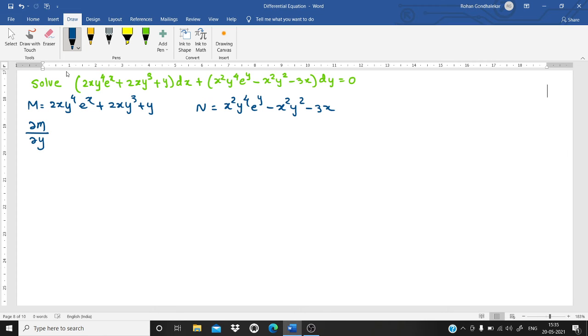What is ∂M/∂y? The ∂M/∂y is: y^4 derivative is 4y^3, so 4 into 2, 8xy^3 e^x, plus here y^3 derivative is 3y^2, so 3 into 2, 6xy^2, plus 1.